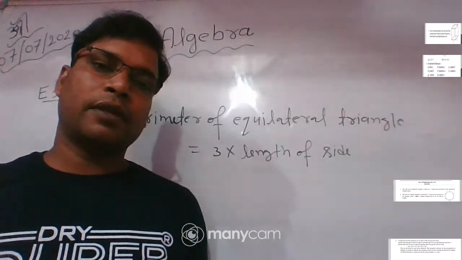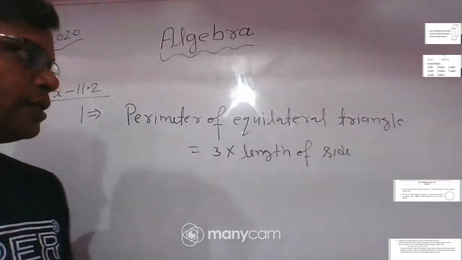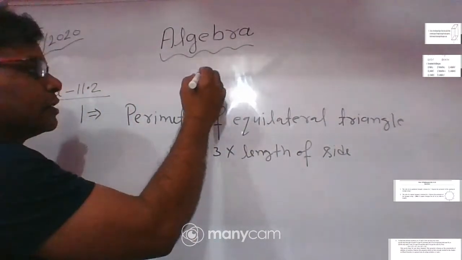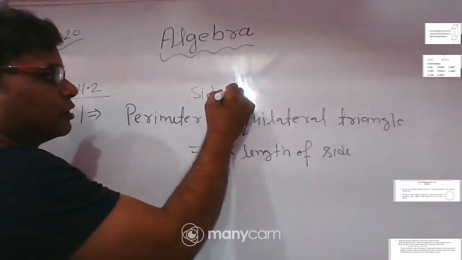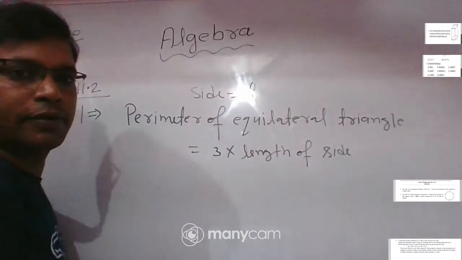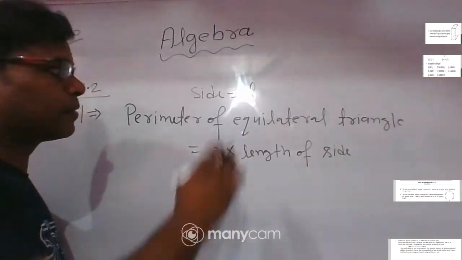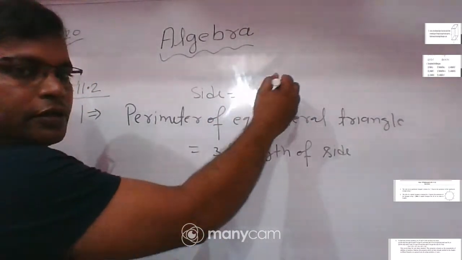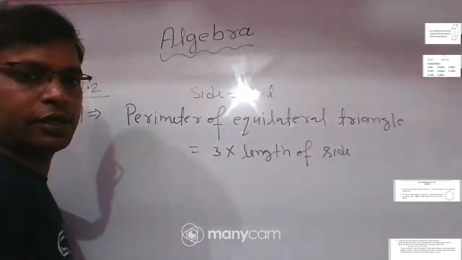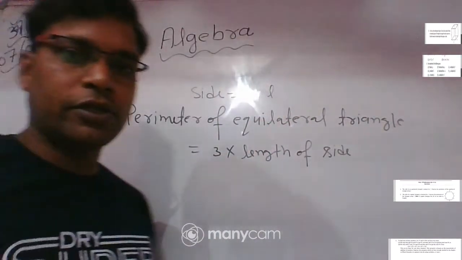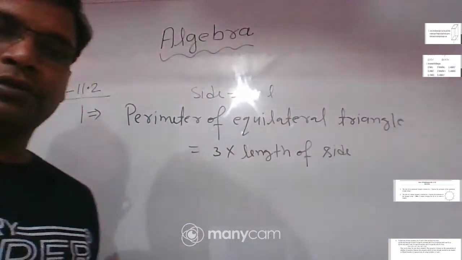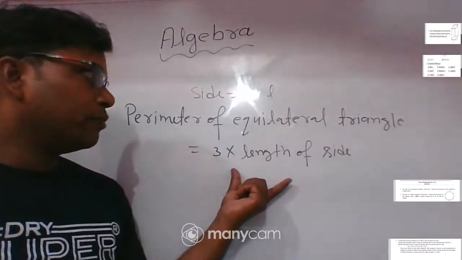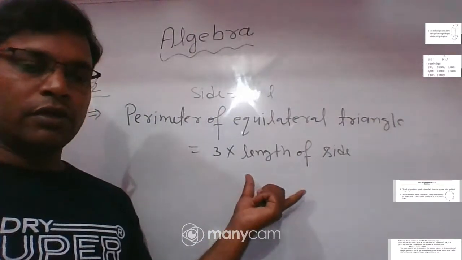Here length of side is given L. Here side is given and side is equal to L meter. Okay. Here side is equal to L is given. So we put here 3 into L. Why this is 3?